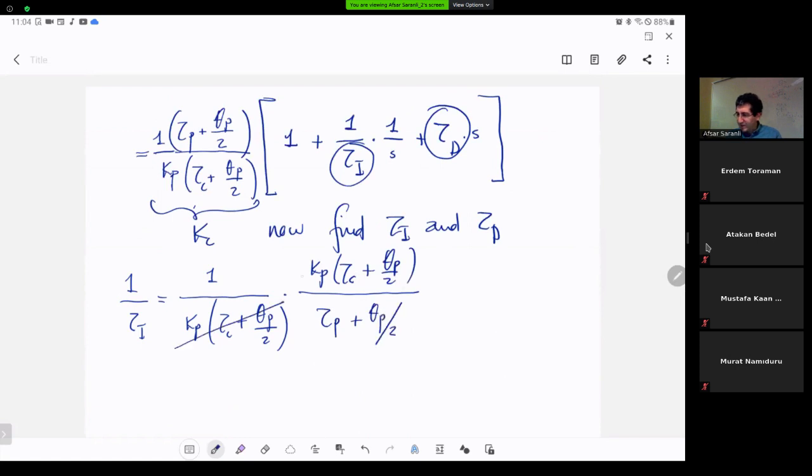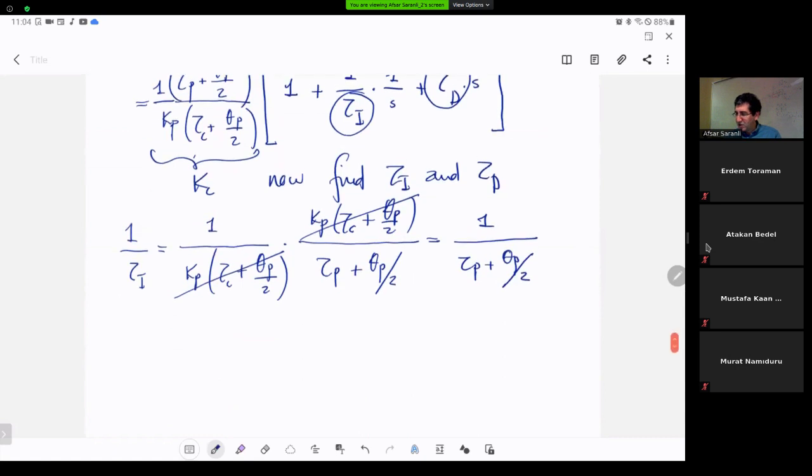So we have these terms cancelling out, which gives you 1 over tau p plus theta p over 2, which gives you your tau I. Okay, so your tau I is tau p plus theta p over 2.